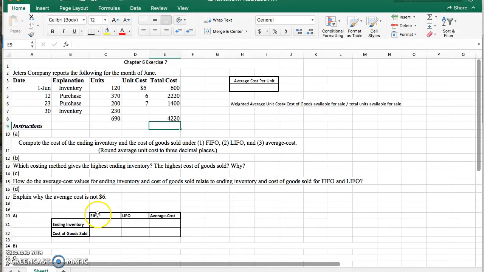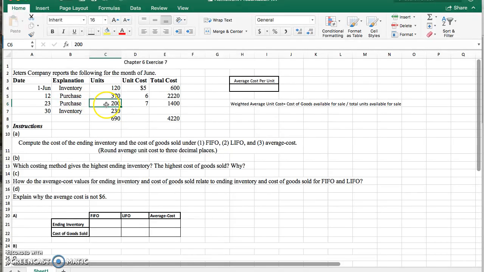For our ending inventory, we're going to start with FIFO, which is first in, first out. That assumption is that the inventory we buy first is the inventory that's going to be sold first. To calculate our ending inventory, we know that our ending inventory is 230. The units that have been sold for this period are going to be coming from the first inventory purchases, so we're going to do this backwards, because the inventory that is going to be left is these last inventories.